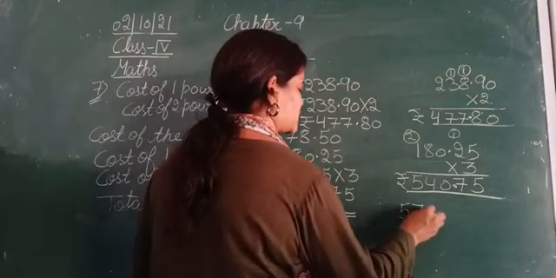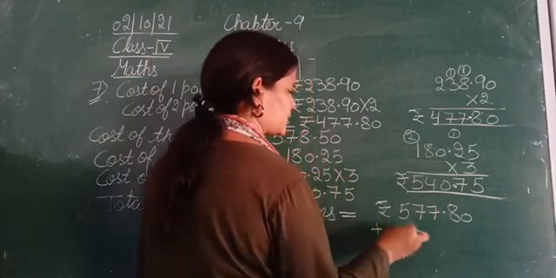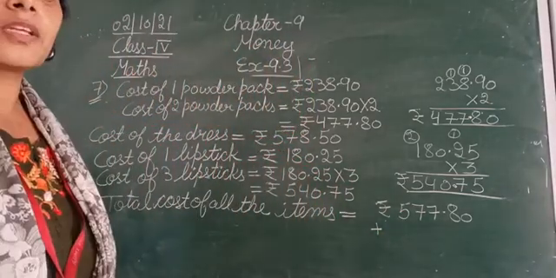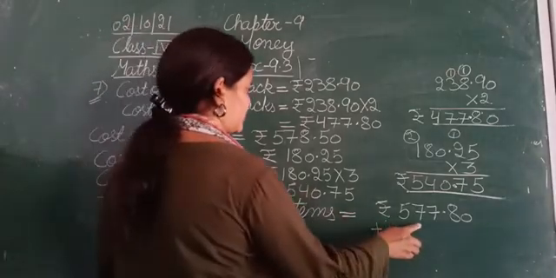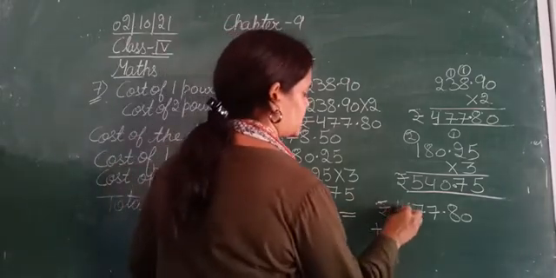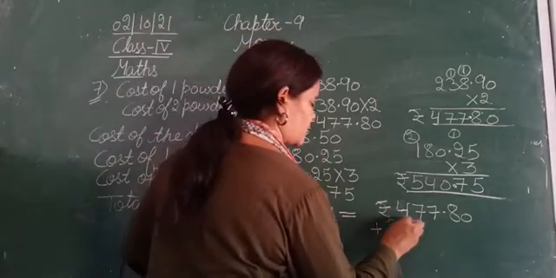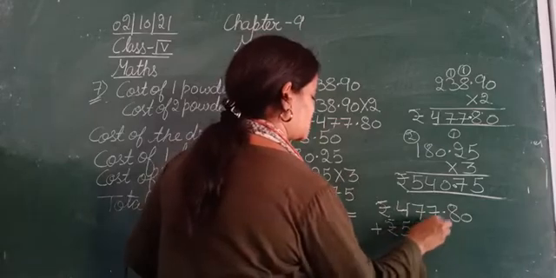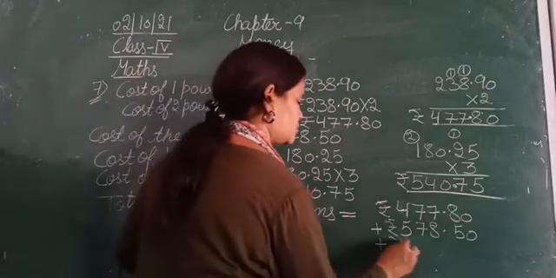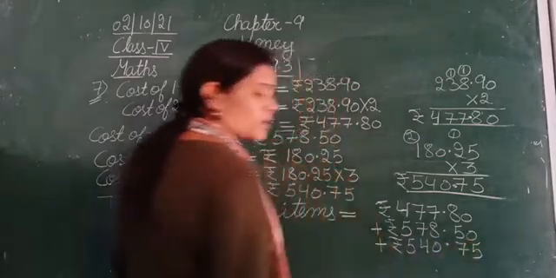So 477 rupees 80 paisa plus 578 rupees 50 paisa plus 540 rupees and 75 paisa.